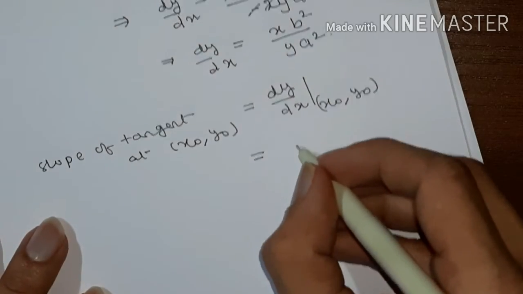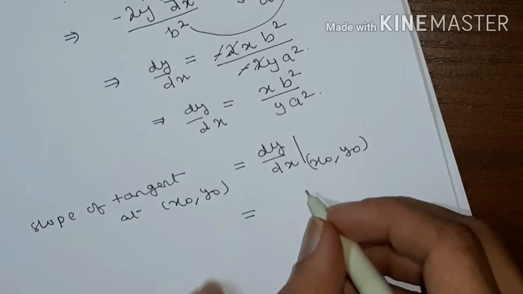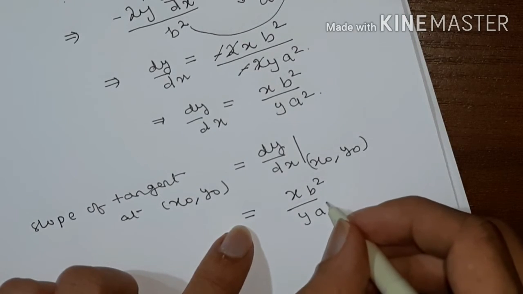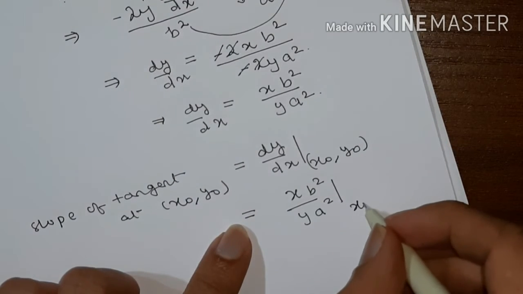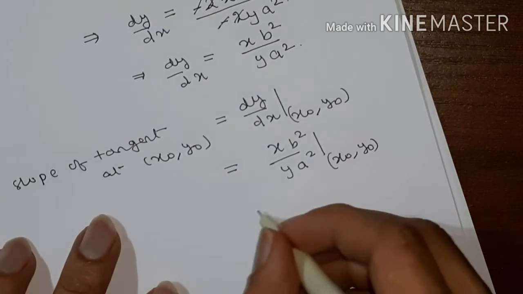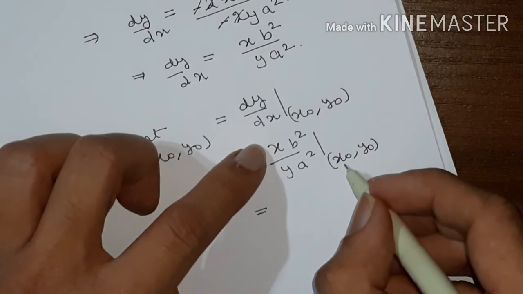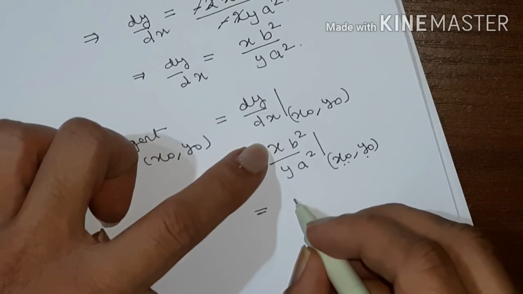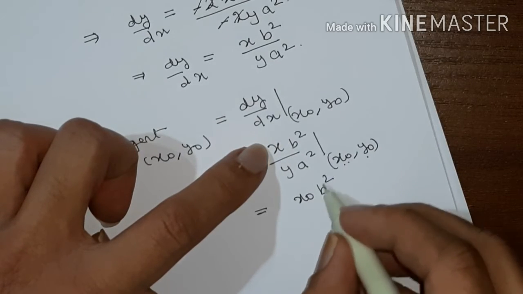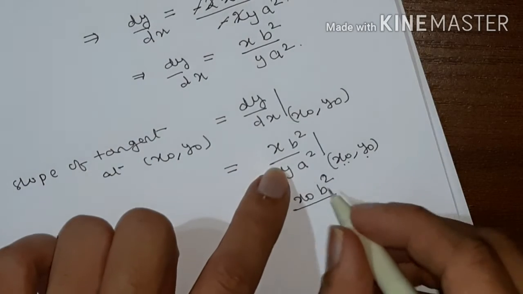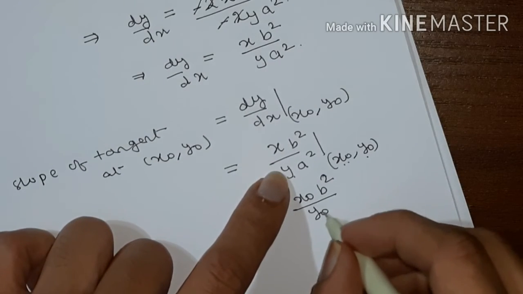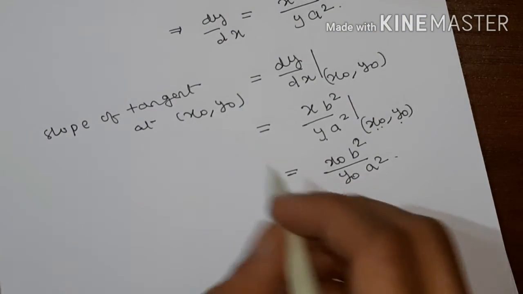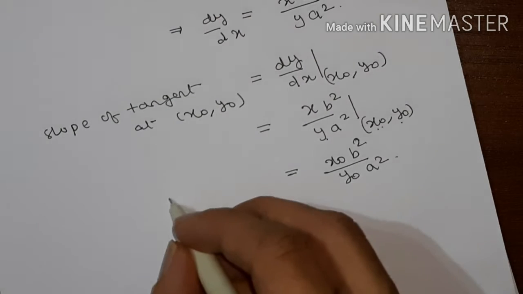Okay, so this is dy by dx here, x b square divided by y a square. Then x naught y naught. Okay, so this is the x coordinate and this is the y coordinate, so you have to substitute x naught in place of x, so x naught b square divided by, and here instead of y you will get y naught a square. Okay, so this is the slope of the tangent, right?